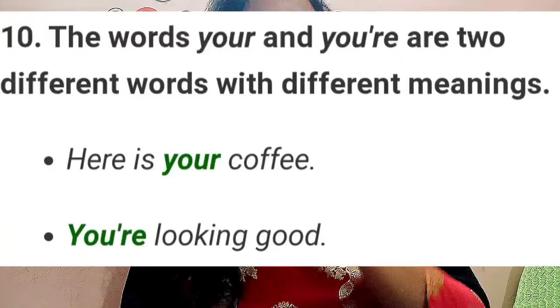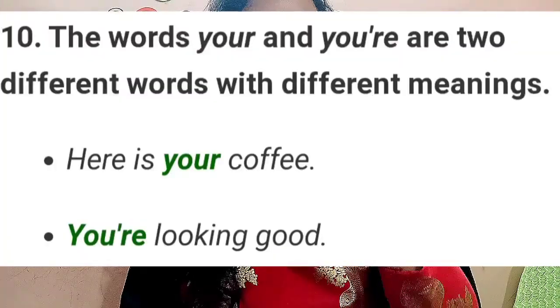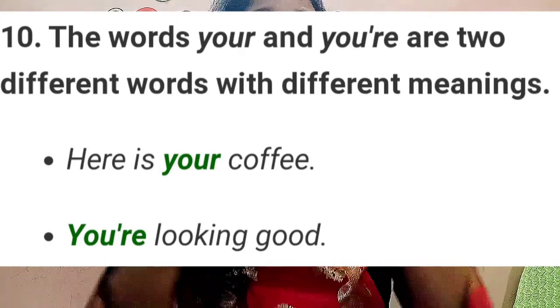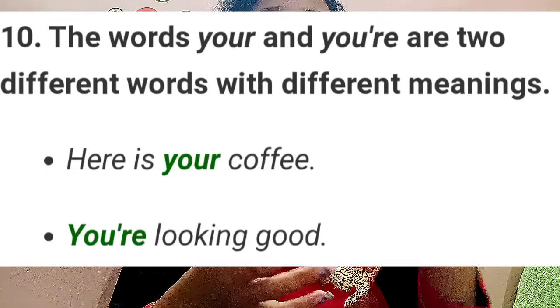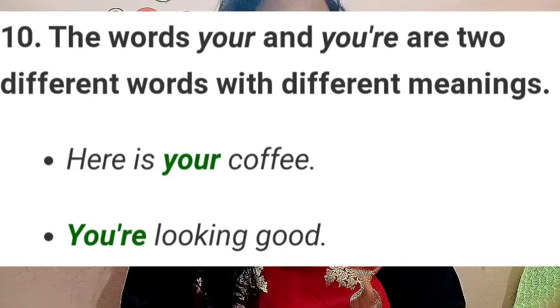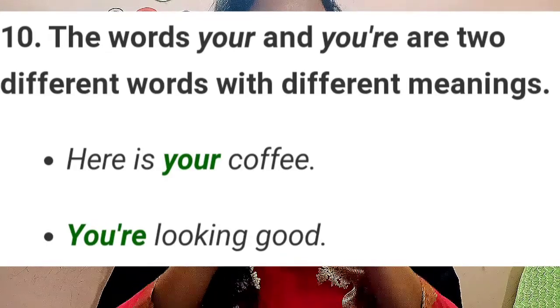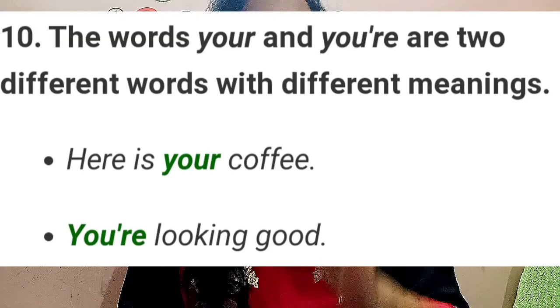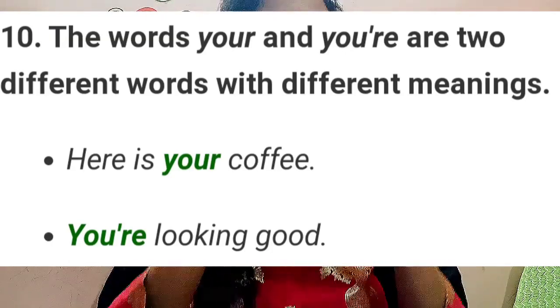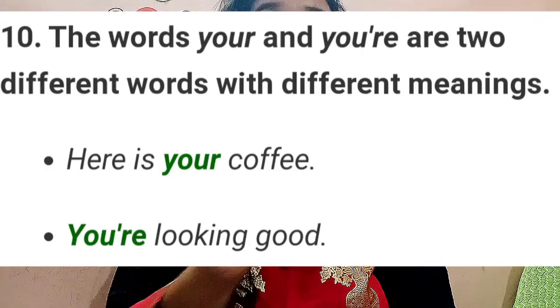The next one in my list is that the words your and you're are two different words with different meanings. Many a time I have seen many people writing, or I have myself made this mistake, taking your and you apostrophe re to be the same, but they are not the same. Your is a word which refers to you, the second person, and shows possessiveness. You're is the short form of you are.